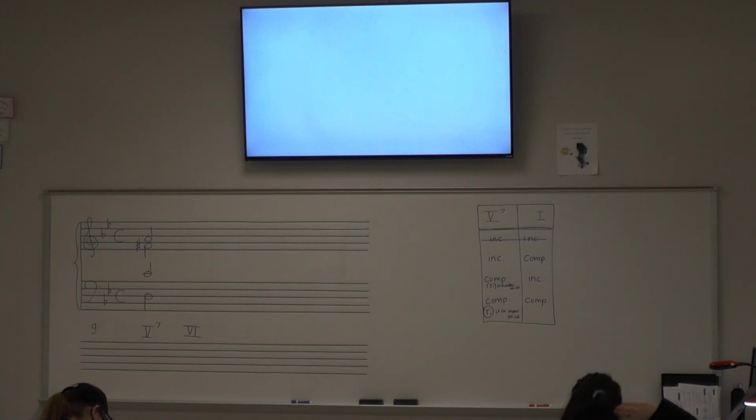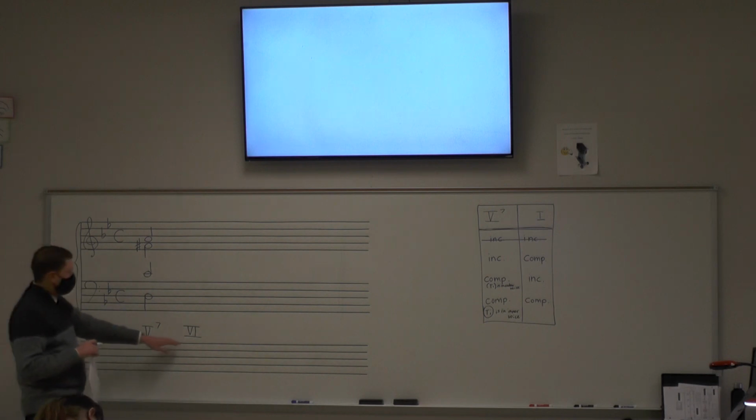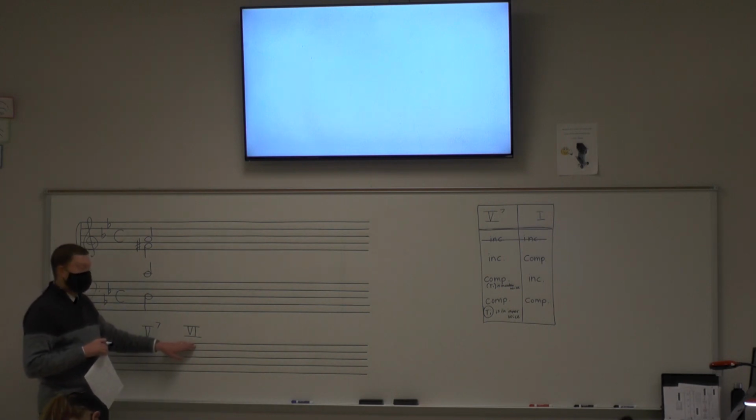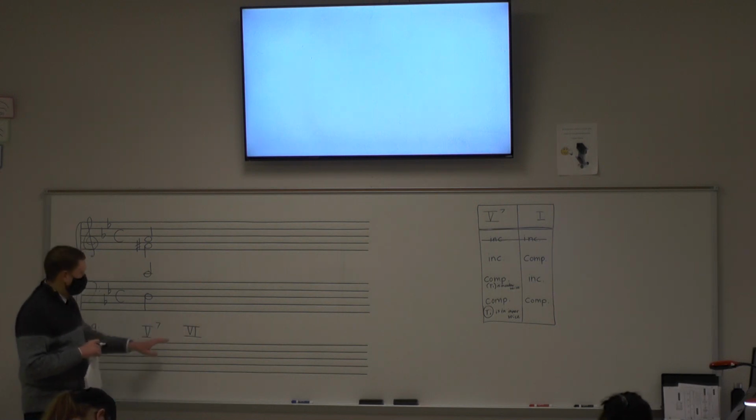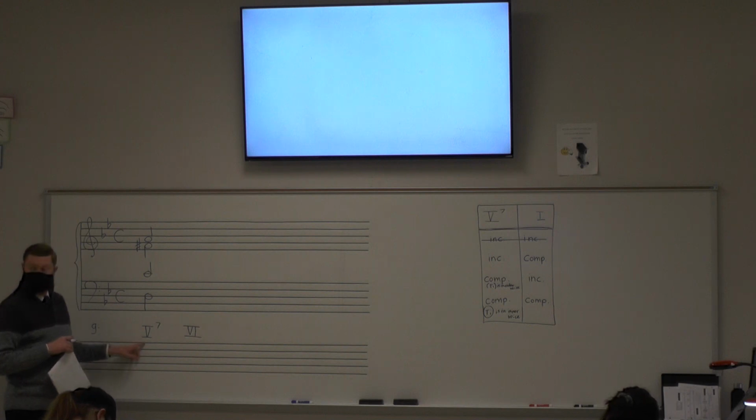When a 5-7 resolves deceptively to 6, the third of the 6 chord is still doubled. Just like when a 5 triad goes to 6, remember we used that exceptional doubling rule, and we double the third of the 6 chord, not the root? Well, that exceptional doubling rule is still true when 5-7 goes to 6.